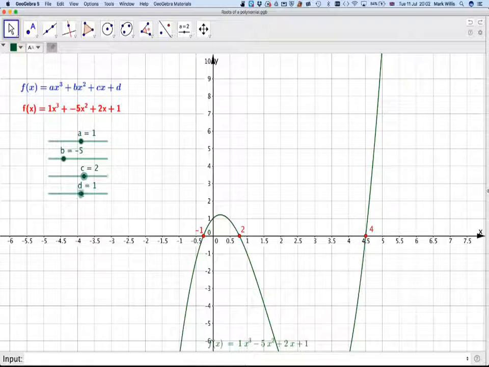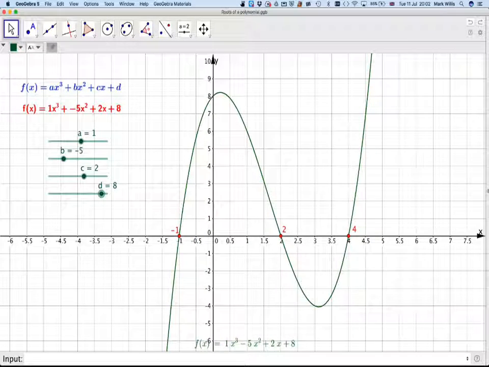And d was 8. Okay, and then if you can see, we get x is minus 1, x is 2, and x is 4, where the cubic cuts the x-axis, and that's what you're doing when you are solving a cubic equation. You're finding the roots where it cuts the x-axis.